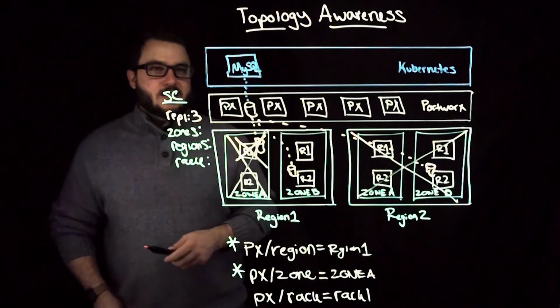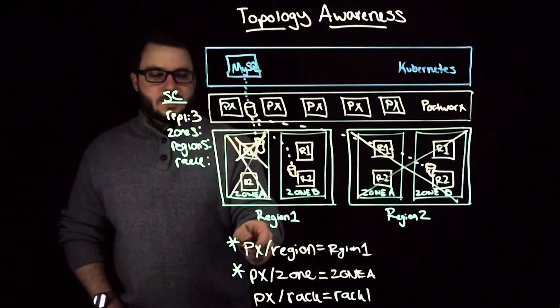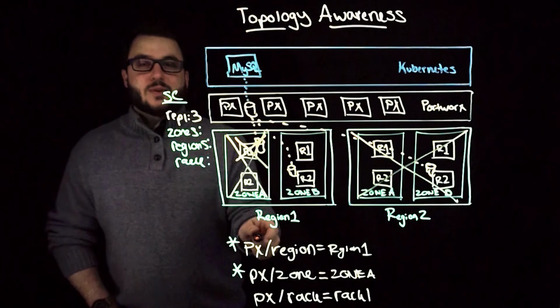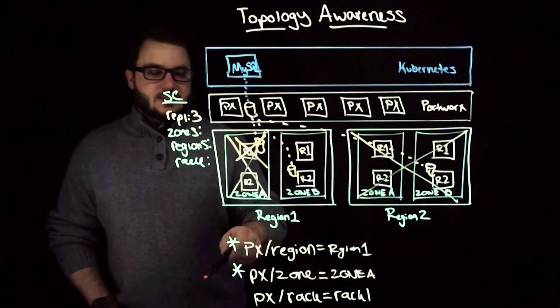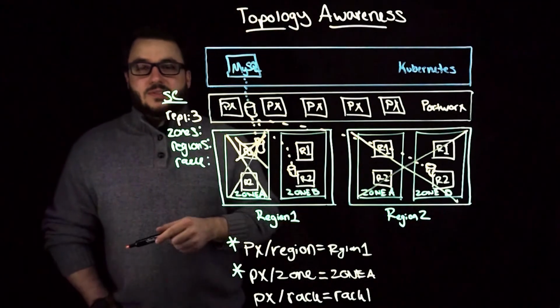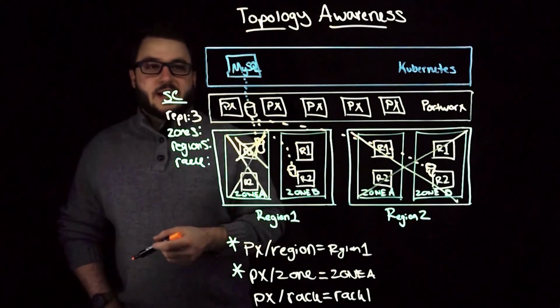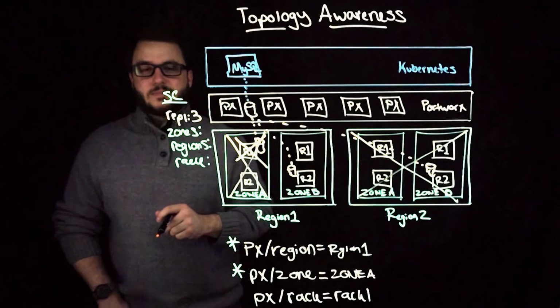Now remember, the important aspects here are to make sure your environment or Kubernetes labels are using region, zone, and rack in the px/ and set them equal to which region, zone, or rack that particular Portworx node belongs to.